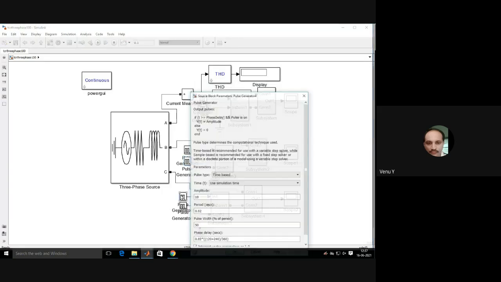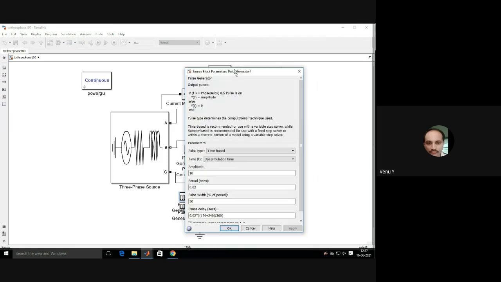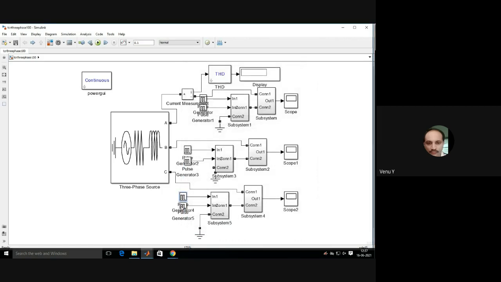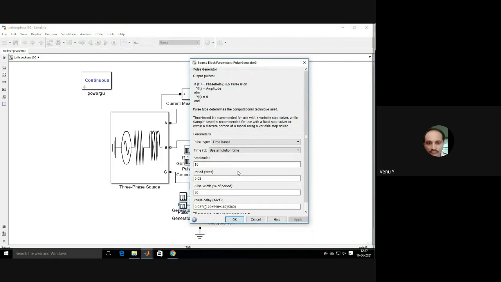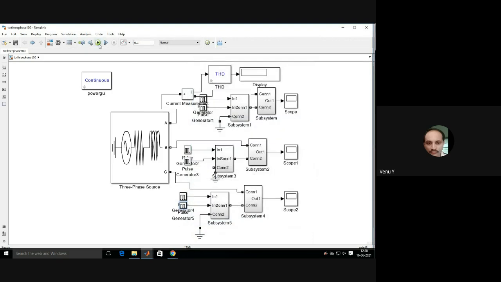And phase C, 120 plus 240, where the firing angle is 120 and 240 is the phase displacement between the phases. This is 120 plus 240 plus 180. This is the firing pattern. Now we can simulate this.